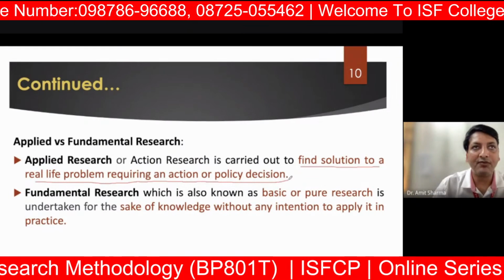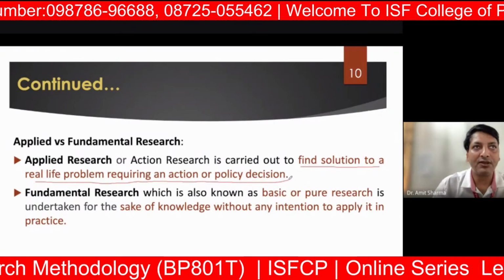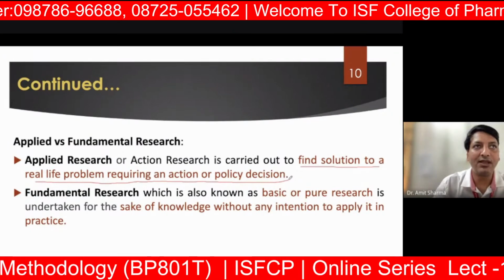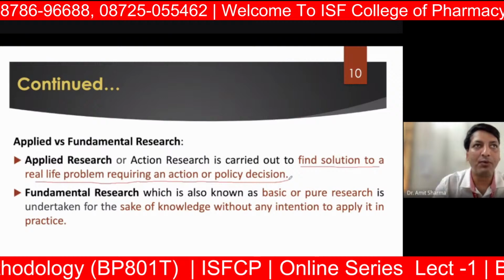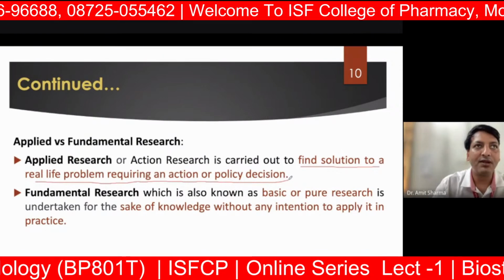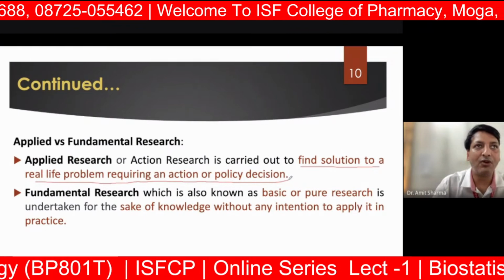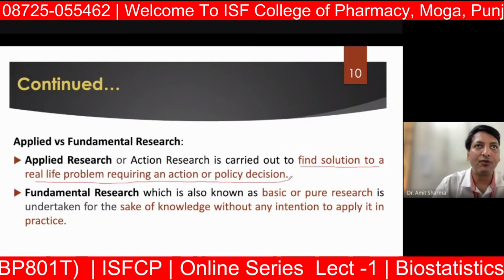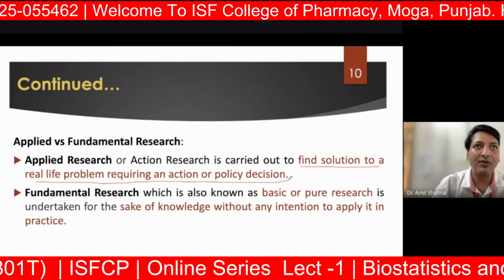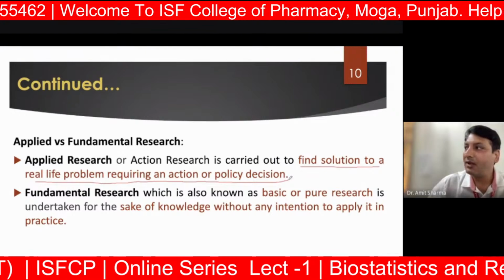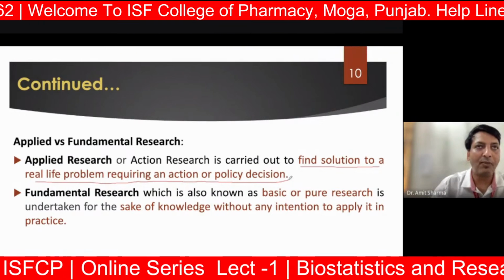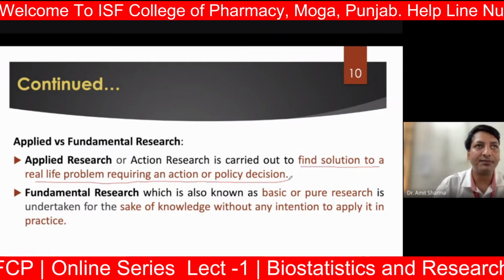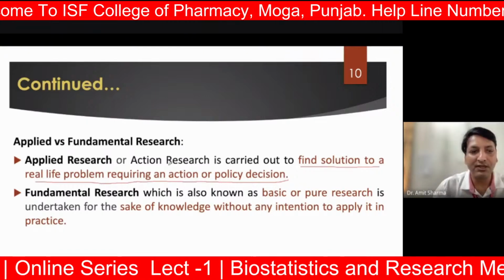For example, if you are staying in a society and in that society there is some sort of problem, what kind of action will be taken to find the solution of that problem? Whatever solution you have taken, that means you have taken part in an applied kind of research. That means you have applied something here. So this is applied research.